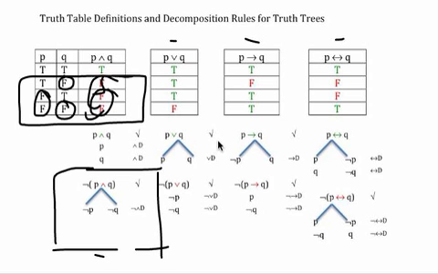So what we've done is we've decomposed this complex statement that involves a negation and a conjunction, and we have represented it graphically in such a way that we no longer need to make use of the conjunction, and so we branch either not p or not q and justify that by reference to the negated conjunction decomposition rule.